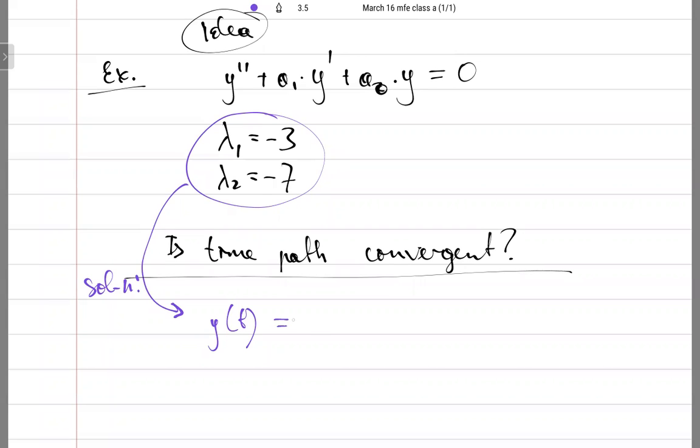C1 times -3 to the power of t. We have not a difference, but a differential equation for the moment. Yeah, you are right for a difference equation, when t is discrete. But you are wrong for a differential equation.